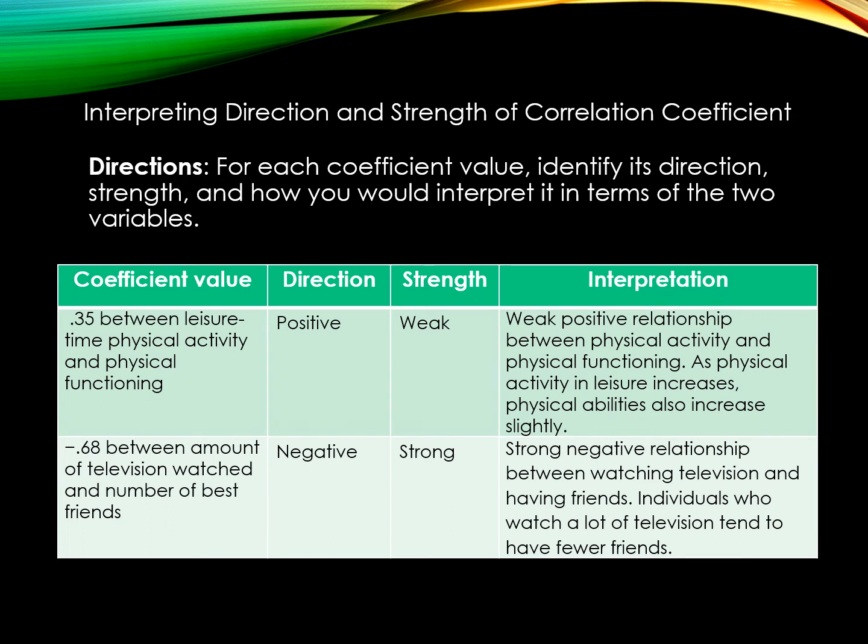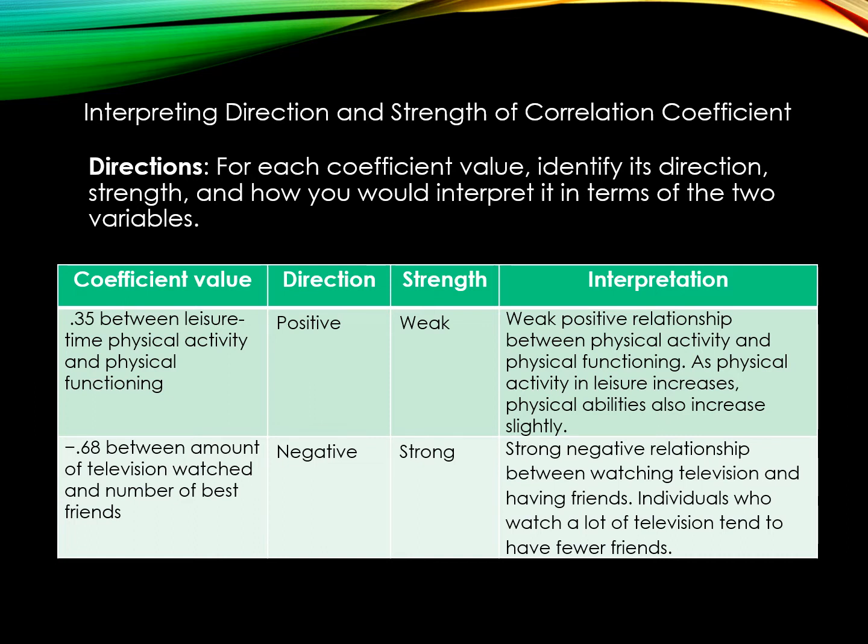Let's look at a quick example of interpreting direction and strength of correlation coefficients. We're looking at a coefficient value of 0.35 between leisure time physical activity and physical functioning. We can see that it's positive in its direction because there's no negative sign in front of it.